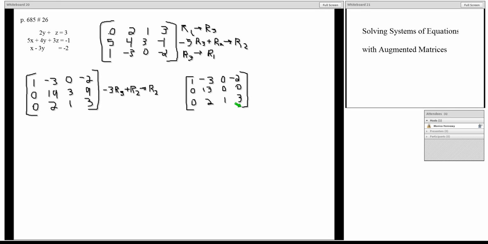Negative 3 times 2 is negative 6, plus 19 is 13. 1 times negative 3 is negative 3 plus 3 is 0. 3 times negative 3 is negative 9, plus 9 is 0. Alright. And then I'll just keep row 3 the same.